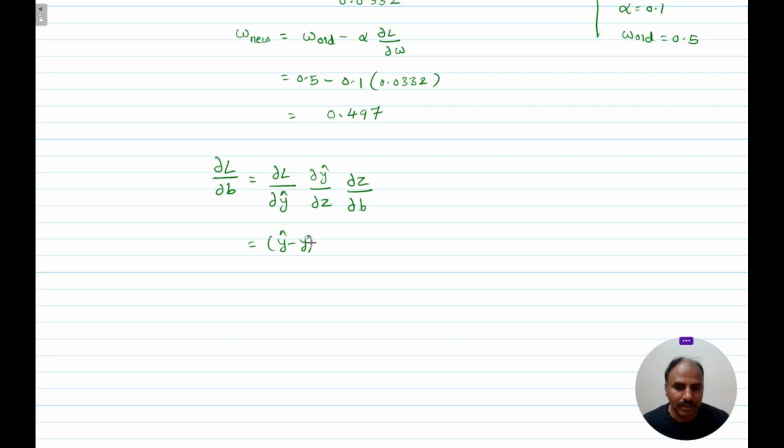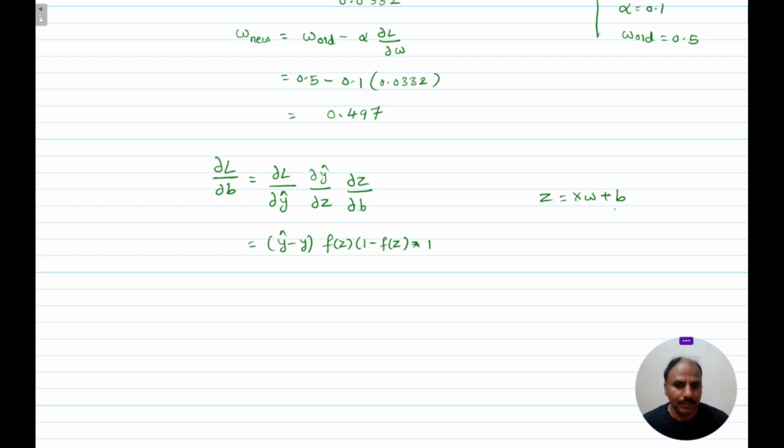And here also the sigmoid function has no changes, 1 minus f of z. And ∂z/∂B now becomes 1, because z is xW plus B. If you differentiate with respect to B, you get 1.